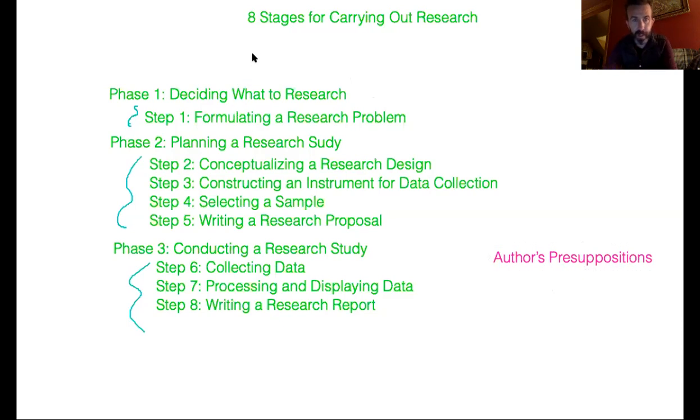If you're taking notes, I would write the author's presuppositions about research. Well, first, it seems to me that I'll just type them and then I will explain what I mean.